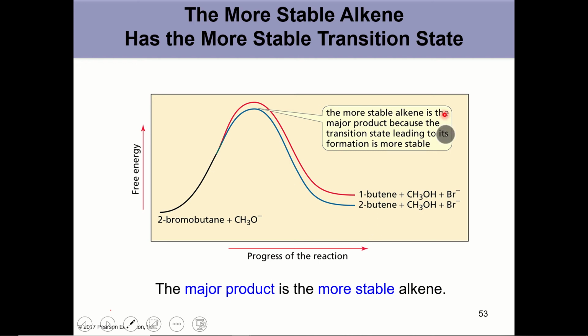So the more stable alkene is the major product. The transition state leading to its formation is one reason it forms more quickly, and the second reason is that it is lower in energy.